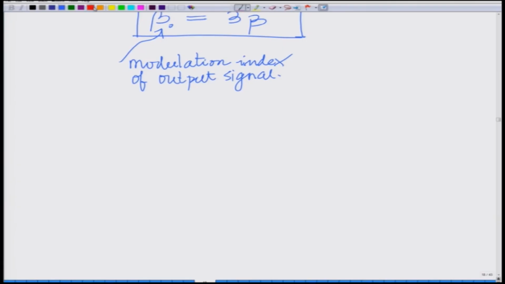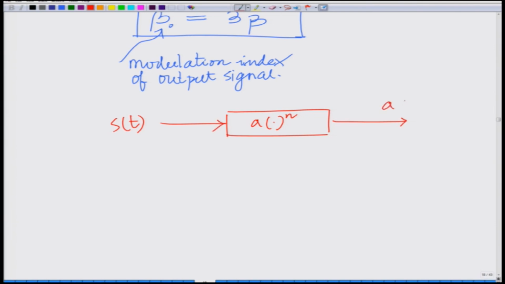Similarly, we can consider other non-linear devices of the form signal raised to the power of n, and that results in an output frequency component at n Fc. In general, to multiply by a factor of n, I can consider a non-linear device A raised to the power of n.